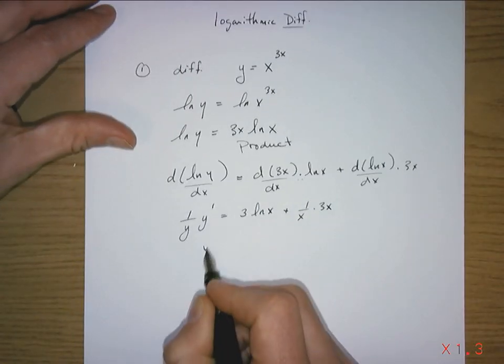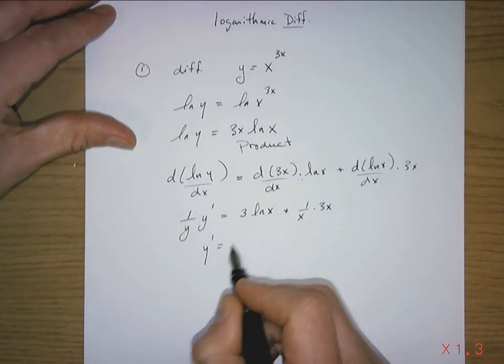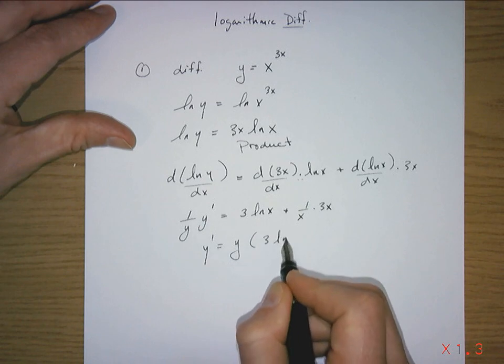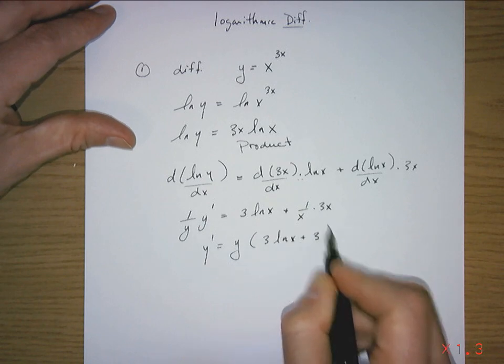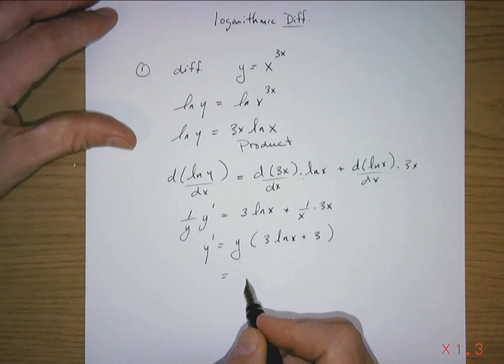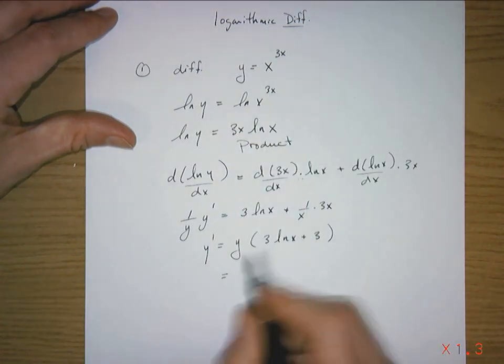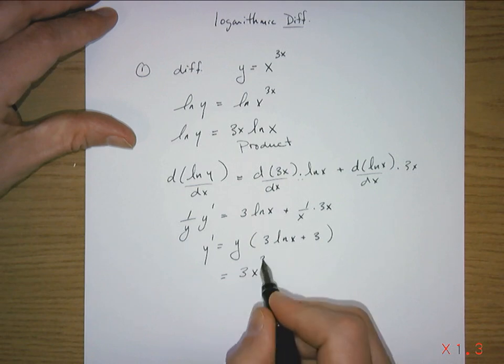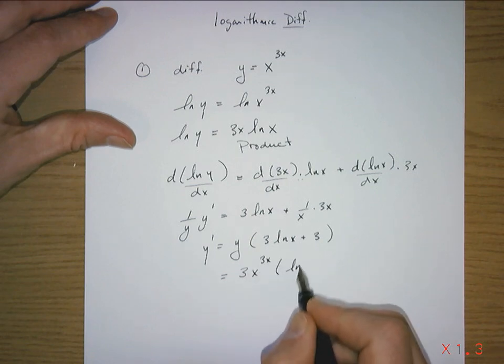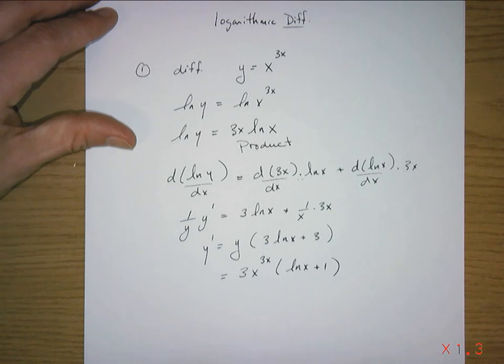So it's going to give you y prime equals y times (3 ln x plus 3). So if we wanted to make it nice, we can change the y back to x to the 3x. I can bring the 3 out. So 3 x to the 3x times (ln x plus 1) is your final answer.